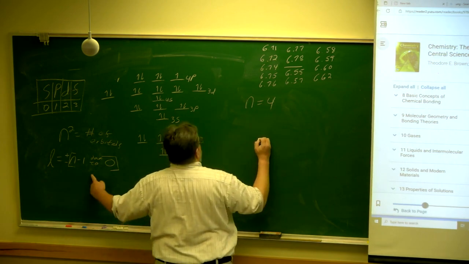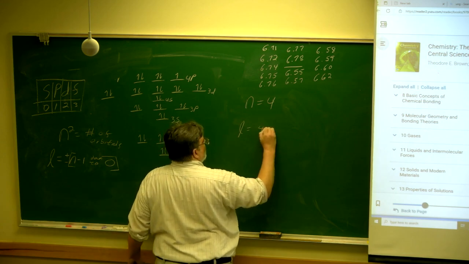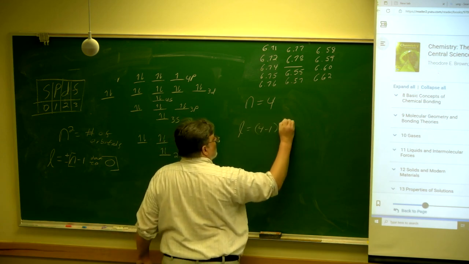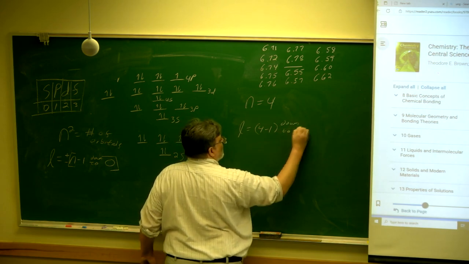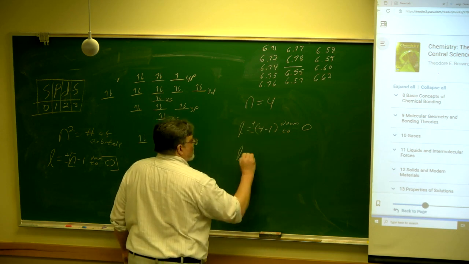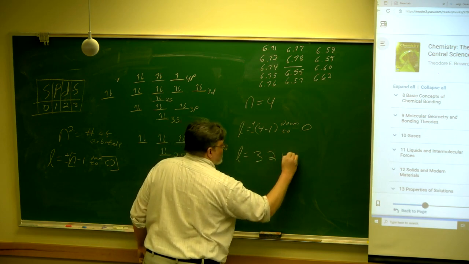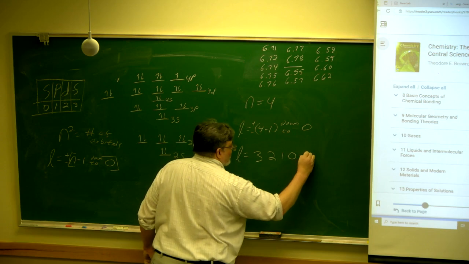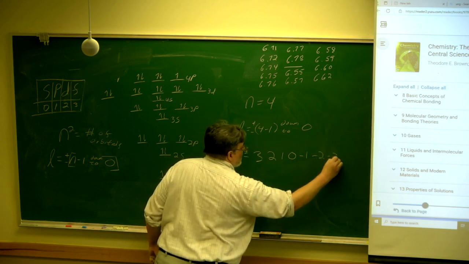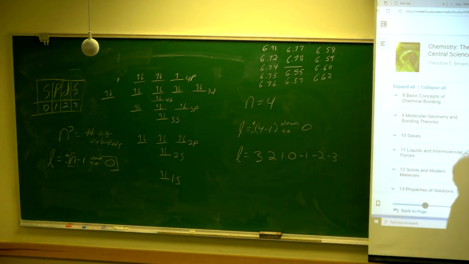So L can equal 4 minus 1, so L will equal 4 minus 1 is 3, down to 0: 3, 2, 1, 0, and then the negatives, negative 1, negative 2, negative 3. For n equals 4, what are the possible values of L?